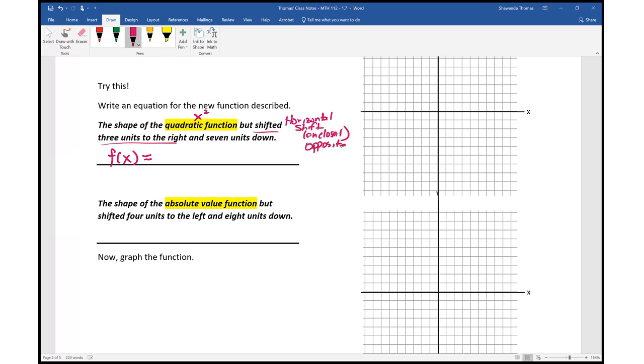If it's shifted 3 units to the right, I'm thinking plus, but it's not. It's x minus 3, and notice that the square goes on the outside. It does not go on the inside.